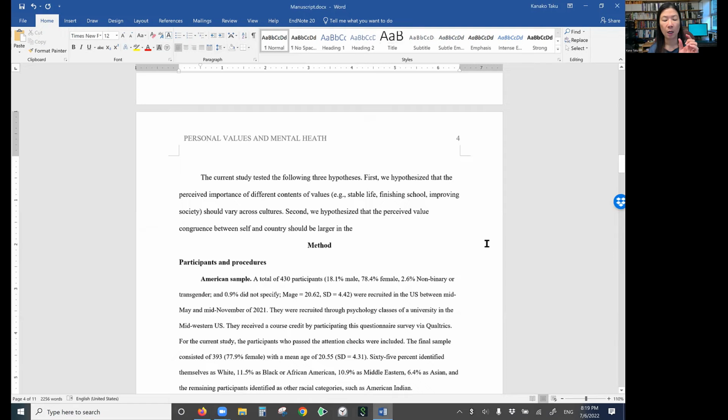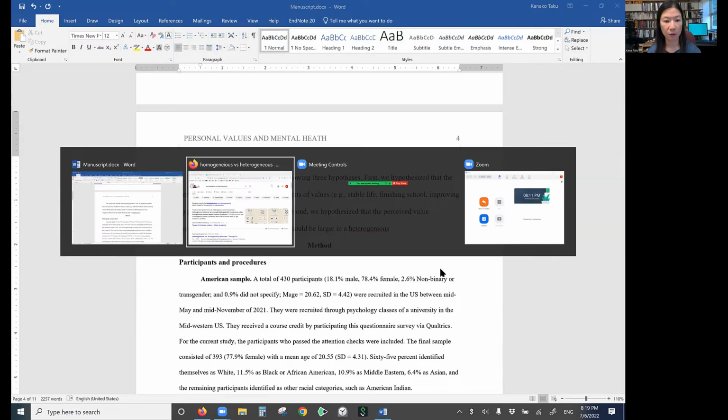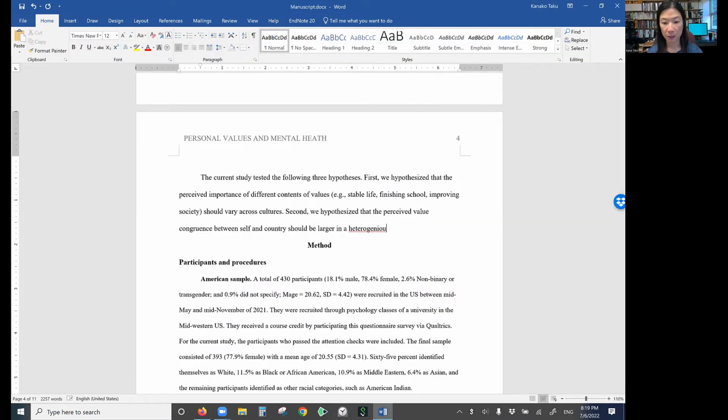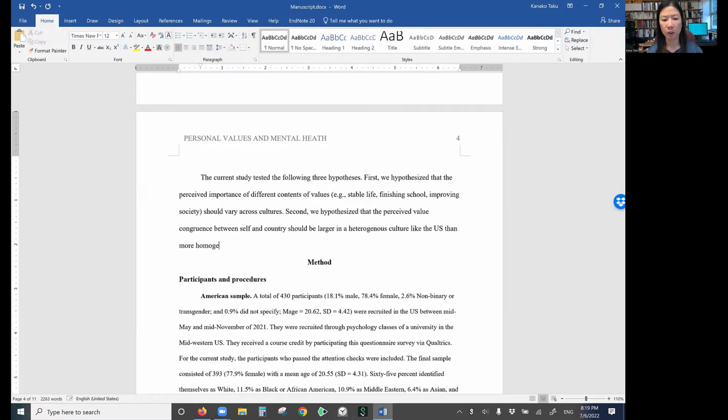So I think I wanted to say it should be larger in a heterogeneous culture like the United States than in more homogeneous cultures like Japan.